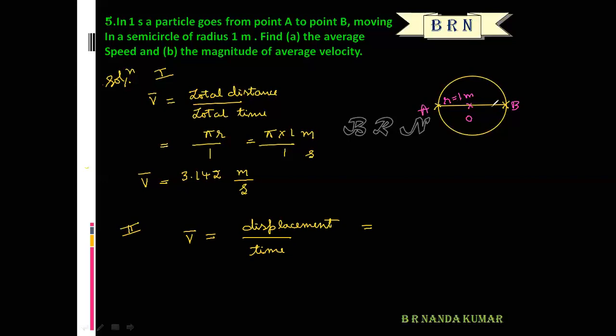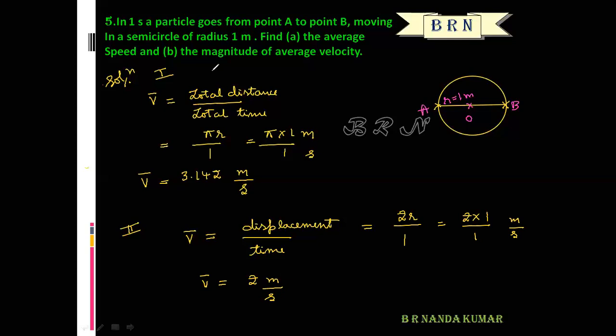So AB is OA plus OB, that means R plus R, that is 2R. Time is 1 second. So 2 into R value 1 meter divided by 1 second. So the average velocity is 2 meter per second.